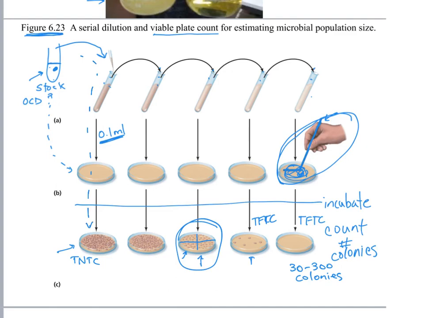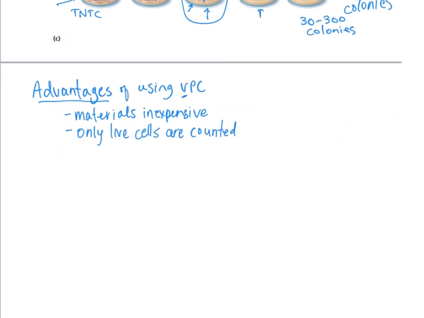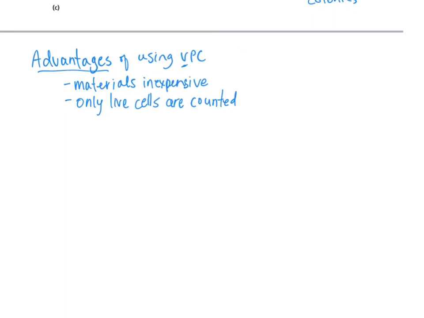Of course, that one cell, when they grow exponentially, very, very quickly becomes 1 million, and of course there's about 1 million cells in a colony. Okay, if this cell in the original sample is dead, it's not going to grow into a colony. So only the live cells are counted, and that's usually a good thing.